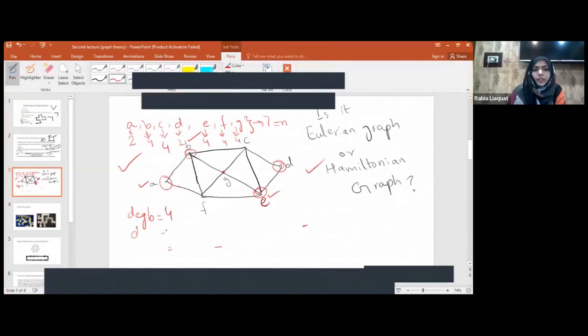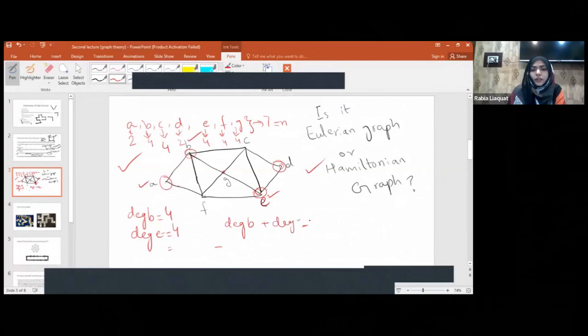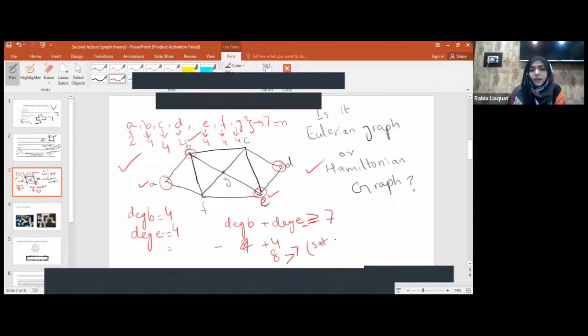Similarly, degree of E is equal to 4. So degree of B plus degree of E should be greater than or equal to 7. 4 plus 4, so 8 is greater than 7. So it satisfies. So this is a Hamiltonian graph as well.